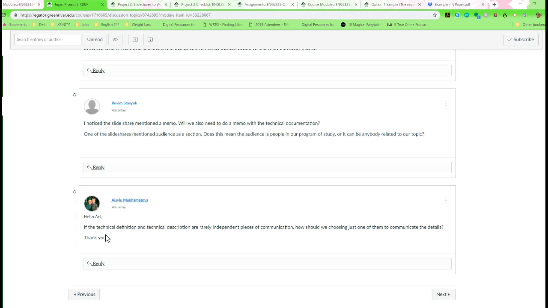Well, they're independent pieces of communication, but they're rarely independent, meaning they don't just hang out all by themselves in the middle of nowhere. Usually they're embedded in some kind of user manual or in technical documentation somewhere. They're not just something you're going to write in a love letter, or maybe you are, I don't know.